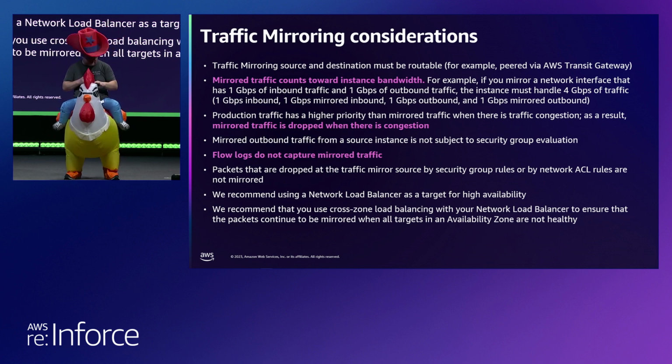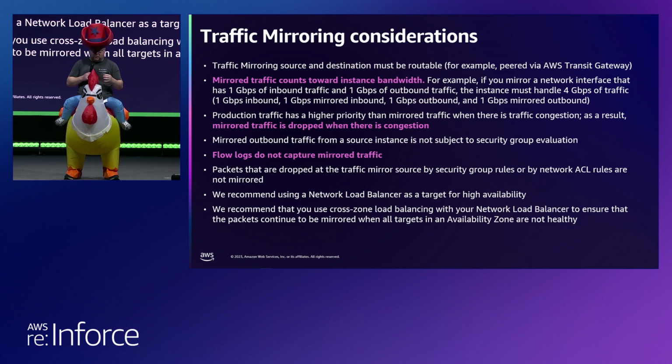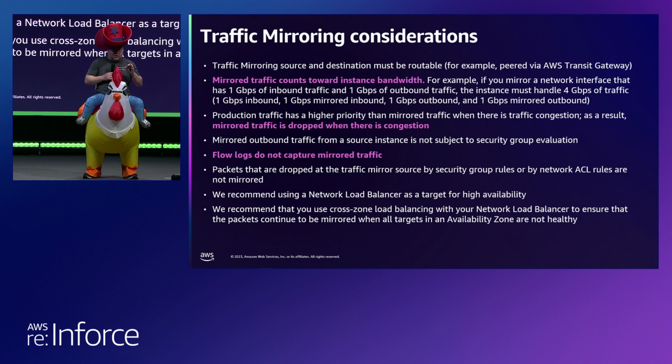mirrored traffic counts toward the instance bandwidth. Let that sink in for a second. That means if you've got an instance that you've deployed that has a 1 gigabit ENI, and you are already receiving 500 megabits of traffic to that endpoint and you turn on traffic mirroring for everything, you are now saturating that endpoint throughput, right?